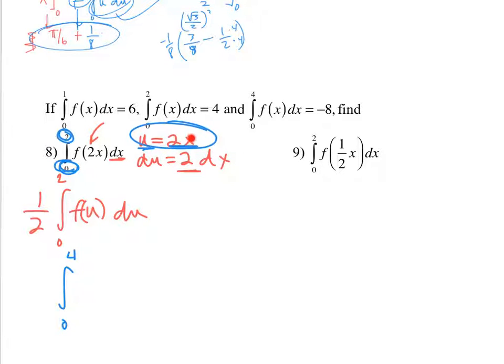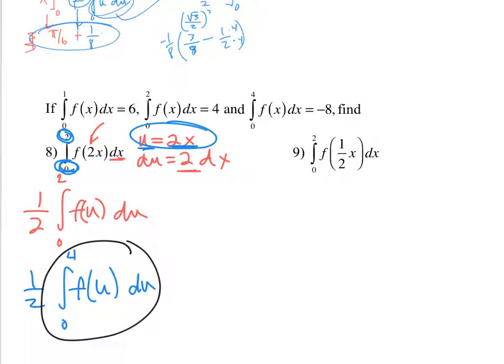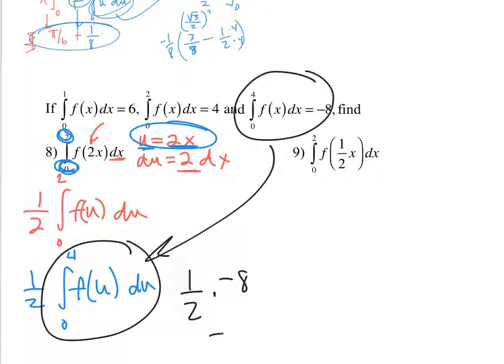And x times 2 is u. So change my 0 into 0, change my 2 into 4, make it a u problem. And we were given this right here. Therefore, 1/2 times negative 8 is the final area under the curve of f of 2x dx under the following conditions, of course.